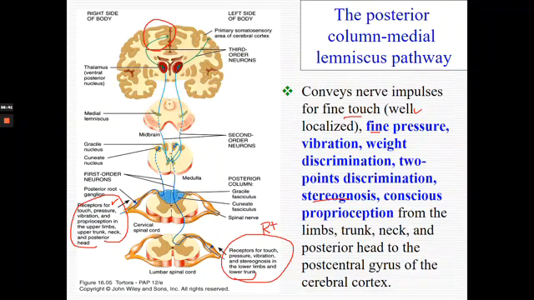You say this left cortex controls the left side, or the other way around, the right cortex receives information from the left side of the body, and the left cortex receives information from the right side of the body, due to the crossing that occurs in this system at the level of the medulla oblongata.